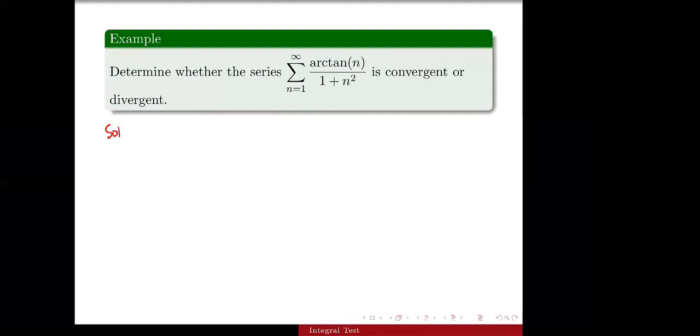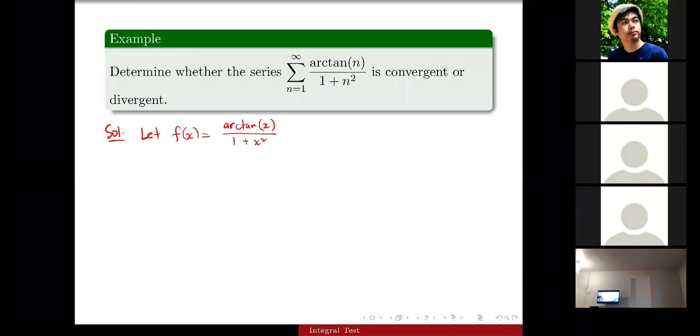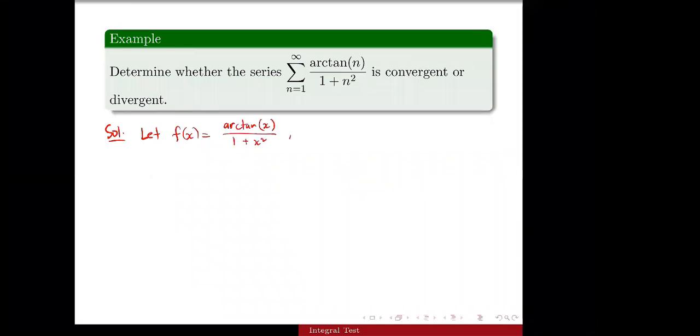So for here, we let f of x be equal to arctan of x divided by 1 plus x squared. And then we start from x greater than or equal to 1.